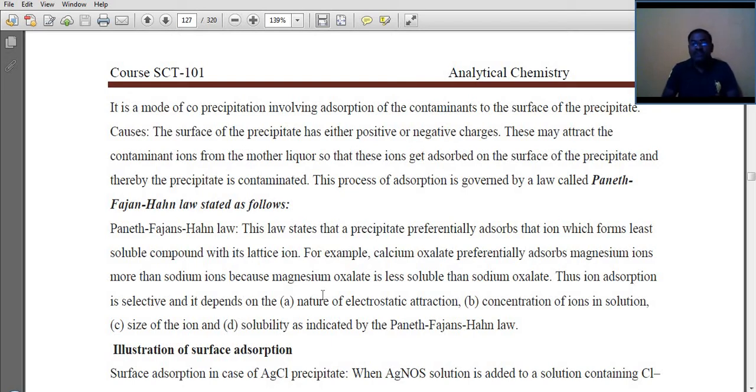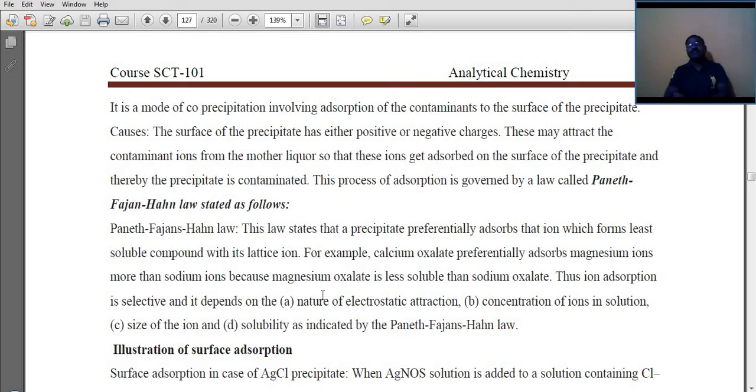This process of adsorption is governed by the Paneth-Fajans-Hahn law. What is the statement of this law? It states that a precipitate preferentially adsorbs the ions which form the least soluble compound with its lattice ion.